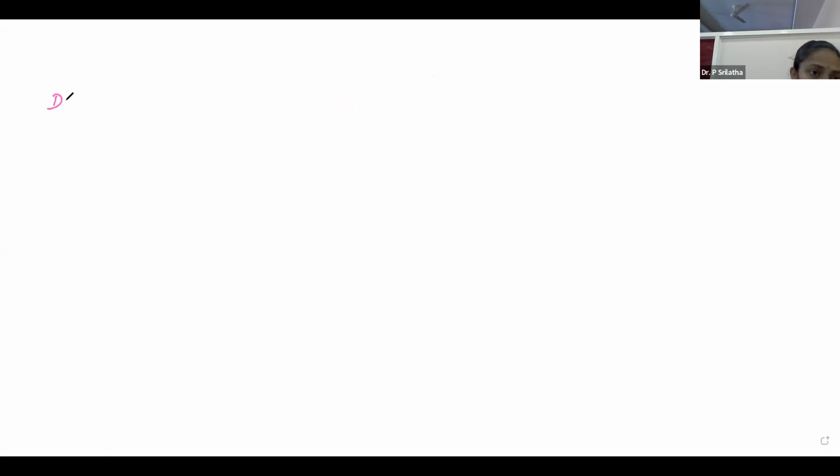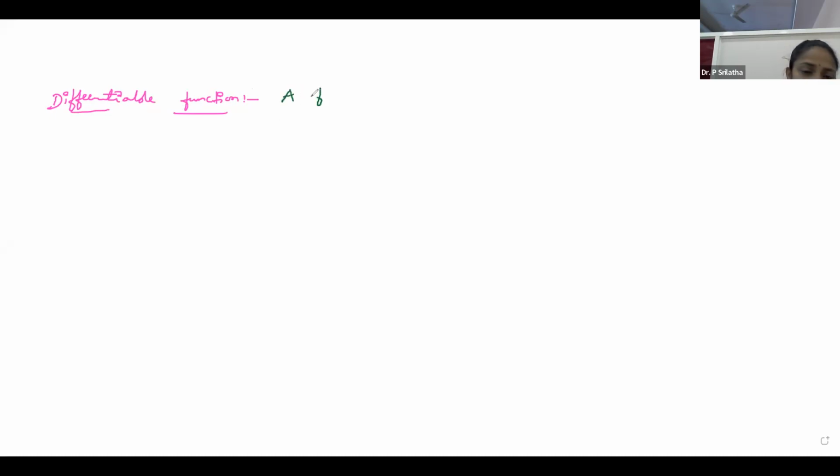Now coming to the next definition, differentiable function. All of you write down the definition of a differentiable function.